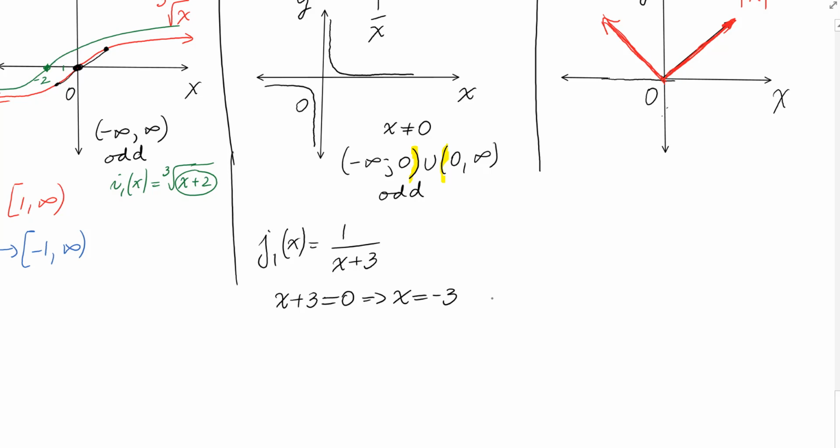So all the real numbers are in the domain except -3. So the domain would be -infinity to -3, union -3 to infinity. The graph would be shifted 3 units to the left, so it would look something like this.